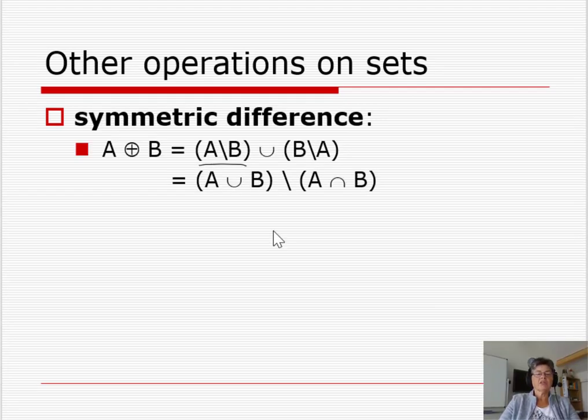The last operation I'd like to look at for sets in this video is the symmetric difference. And the symmetric difference is denoted with this strange symbol, this plus with a circle in there.